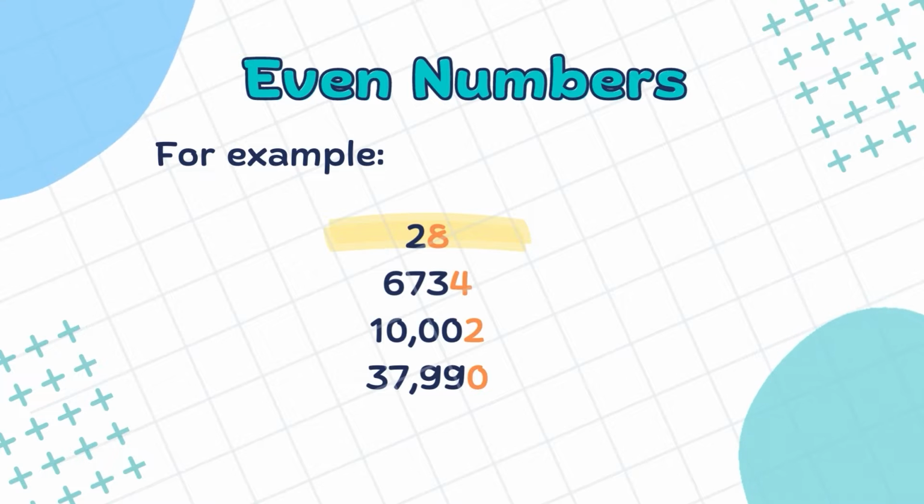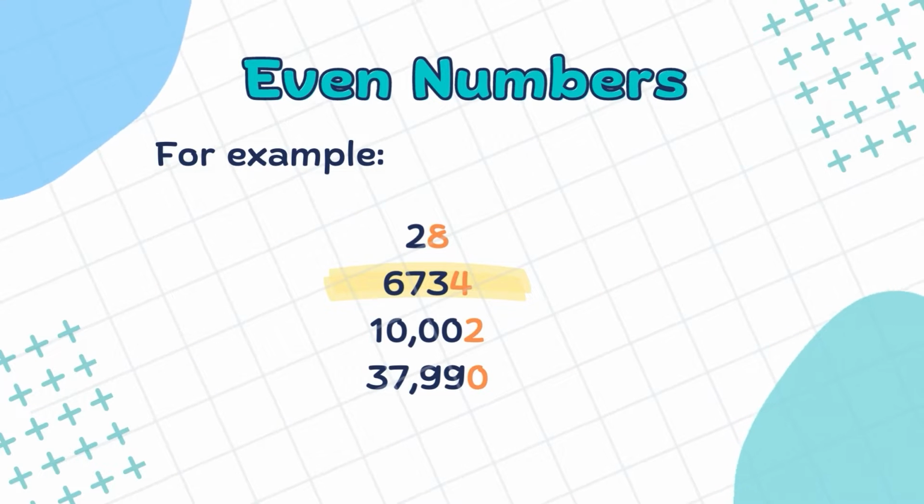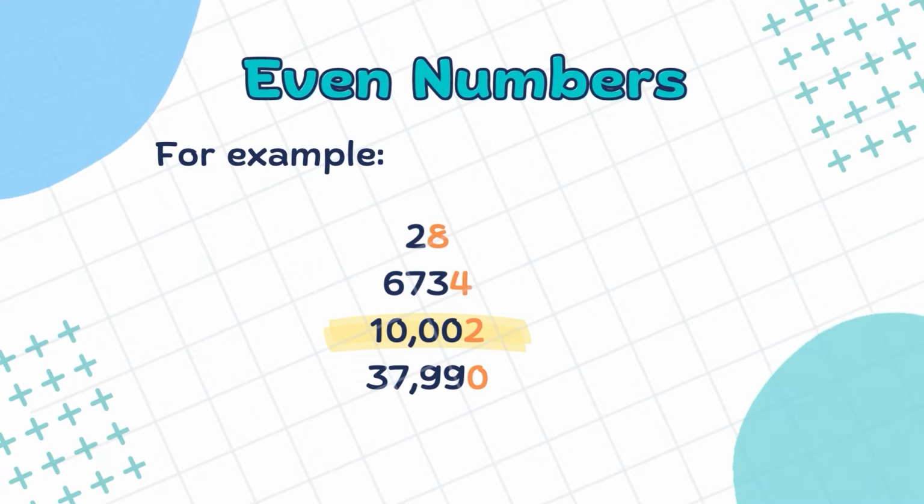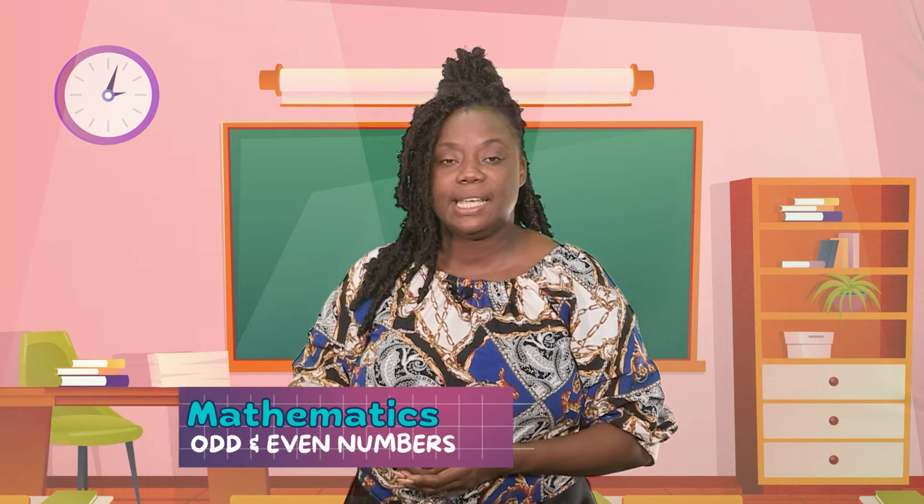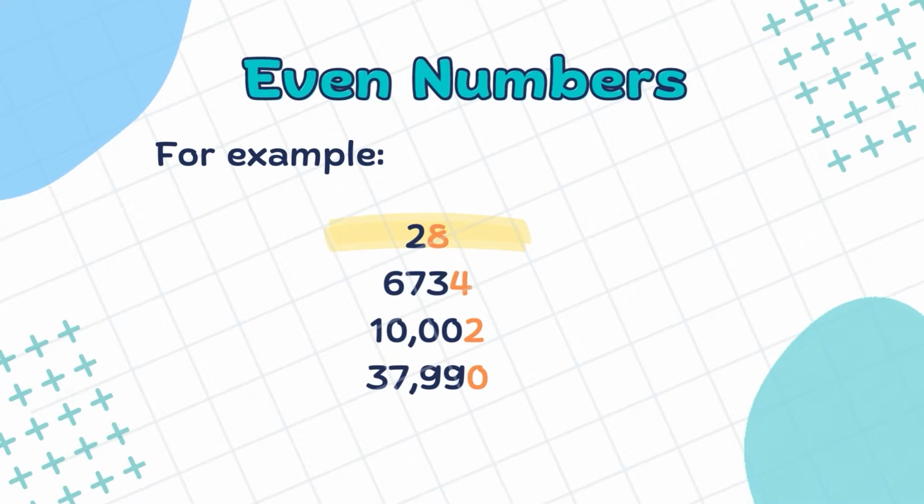Let's examine these numbers. 28, 6,734, 10,002, 37,990. Let's look at 28. What number is in the ones place? 8.